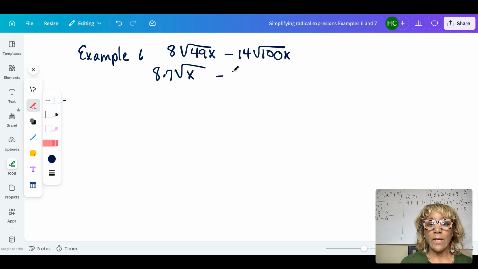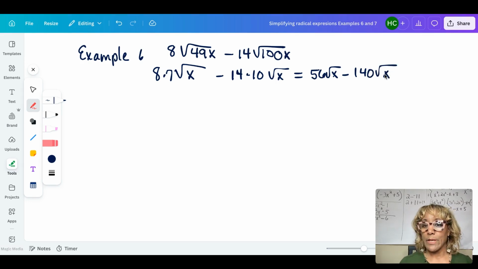Over here, I've got 14 as my coefficient. And what's the square root of 100? Well, that's 10. Okay, so I'm going to go ahead and say that's 56 square root of x minus 140 square root of x.